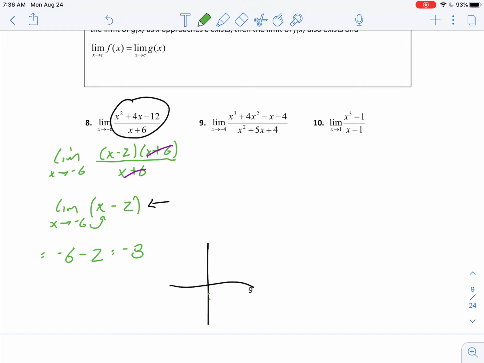So just a kind of generic graph there. It's the same as the graph of x minus 2, but down here I would have a hole when x equals negative 6. But we know from evaluating limits graphically, if I go from the left and from the right, my graph or my fingers come together. So that's why I have the limit as negative 8.